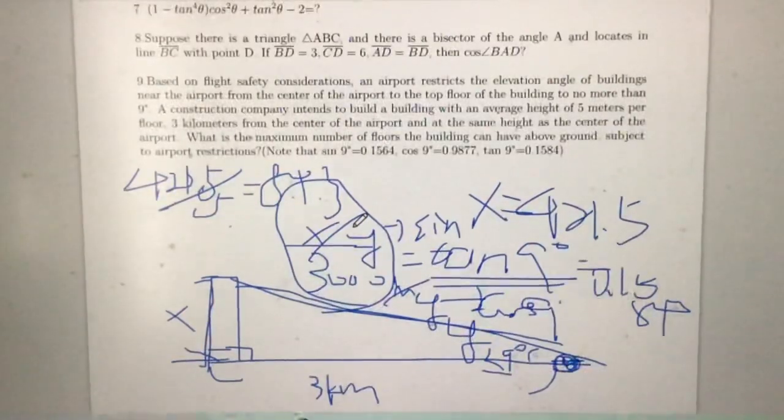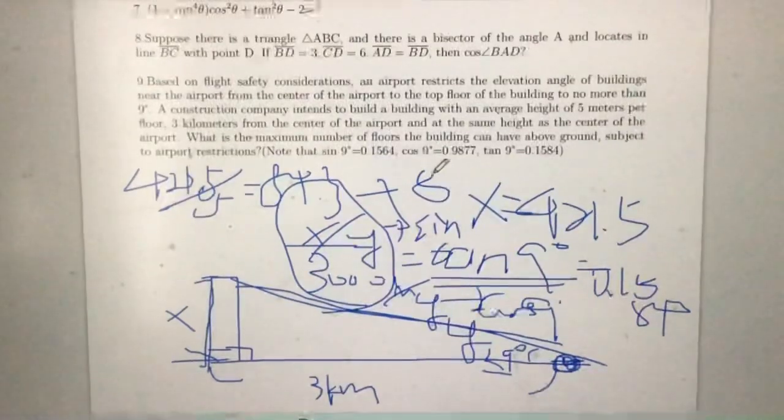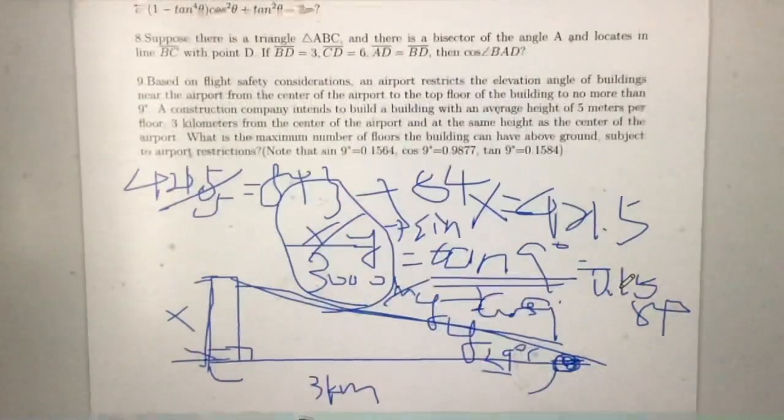So totally, the maximum floors the construction can have is 84. We can only build 84 floors, right? If we build the 85th floor, it will be higher than this one. So you only can build 84. So this is the answer of problem 9.